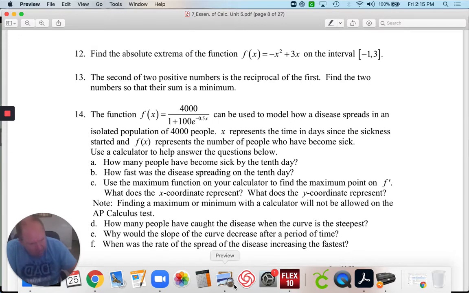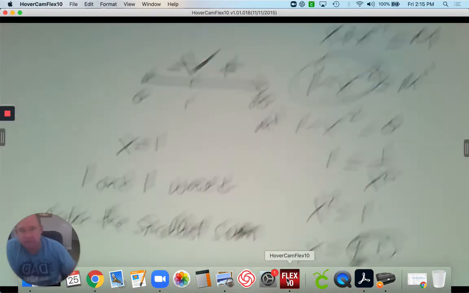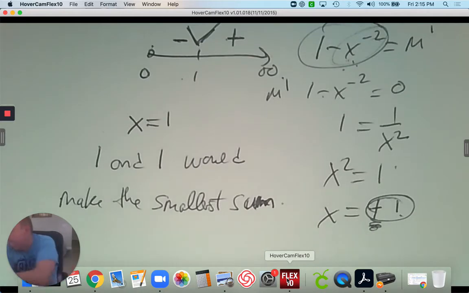Almost spelled the word sum correctly. Come on. So the question asks which one would make the smallest sum. So 1 and 1 would make the smallest sum.